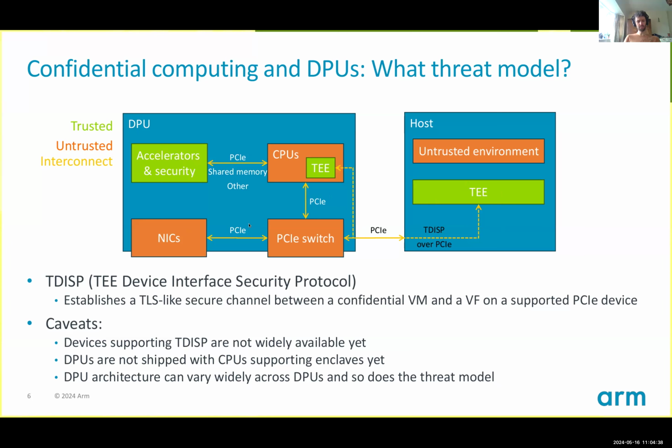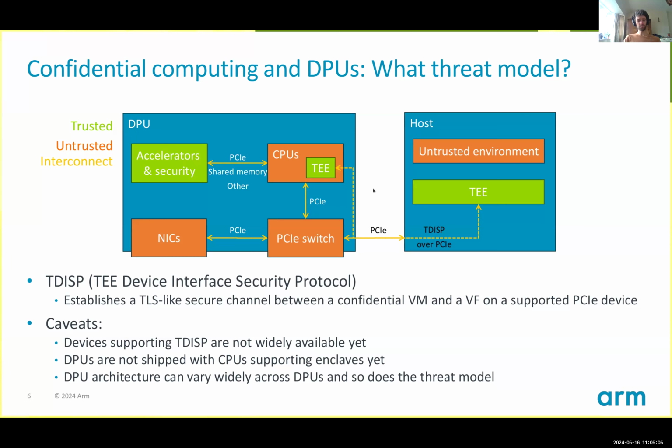So at the moment, there's not really any device that supports this protocol yet. So this is speculation for now. The other thing is that this threat model could vary widely across DPUs, because every DPU comes with its own architecture.